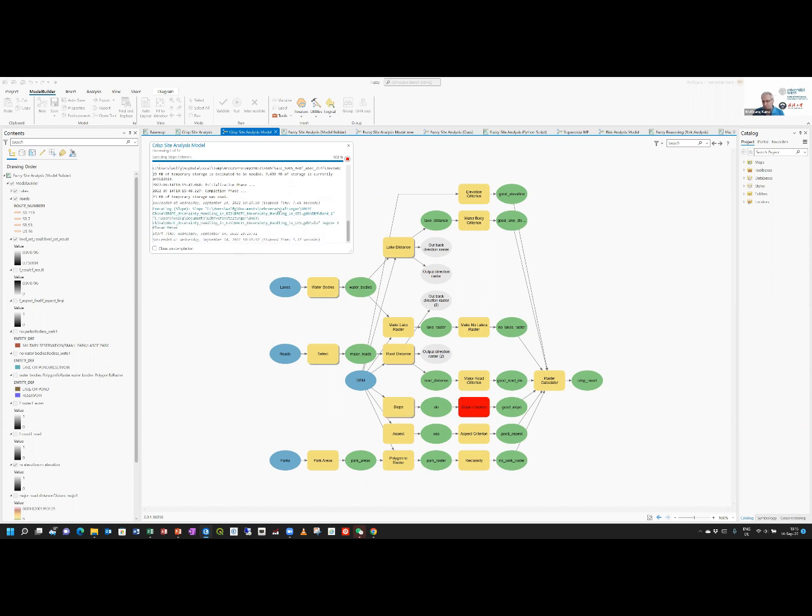So while this is running, again, this is meant to be a very simple example, showing you how you would do it without considering fuzzy logic. So you have to define clear class boundaries, like for the slope, 10 degrees of slope, and everything above 10 degrees is not good, everything below 10 is okay.